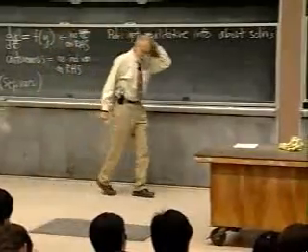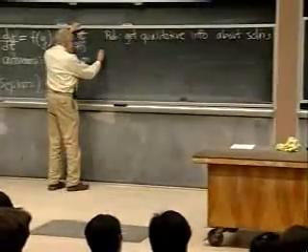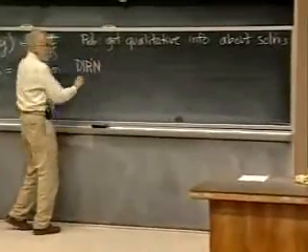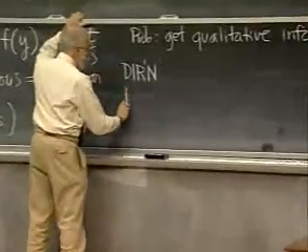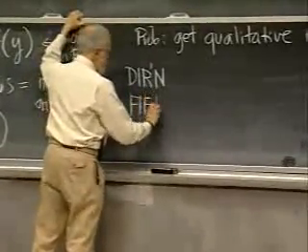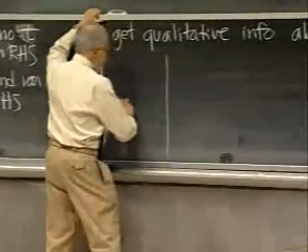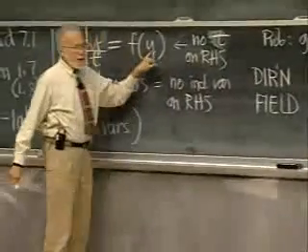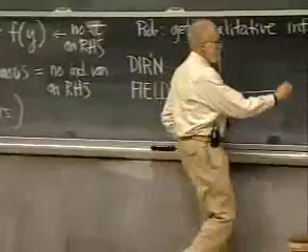Now, to do that, first of all, let's take a quick look at how the direction field looks for such an equation. After all, the direction field is our principal tool for getting qualitative information about solutions. So how does the direction field look? Well, think about it just for a second, and you'll see that every horizontal line is an isocline.